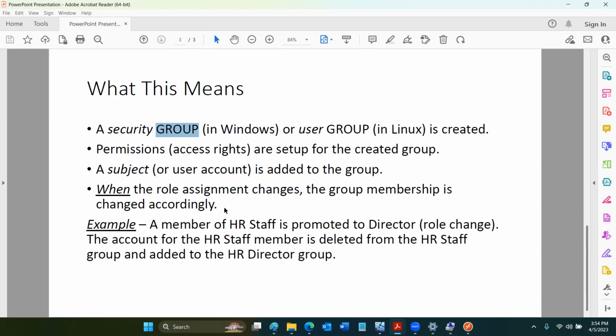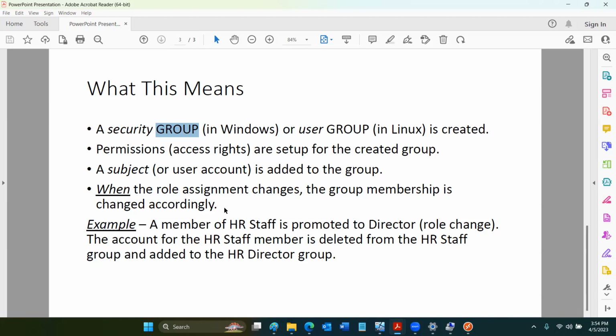And the answer is yes. You can have a lot of people who have unique roles, and there's only one of those roles in an entire organization. But what you don't realize is that when people change duties and responsibilities, when their roles change, if you set this up front, all you do is take them out of one group and add them to the other group, and none of the security is compromised.